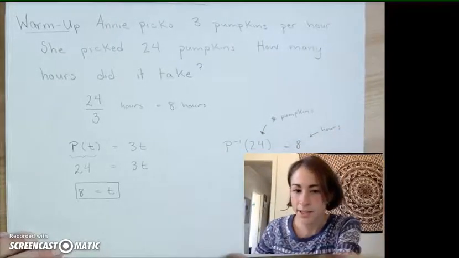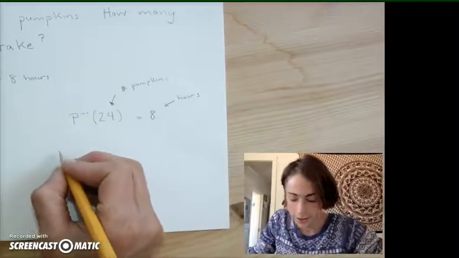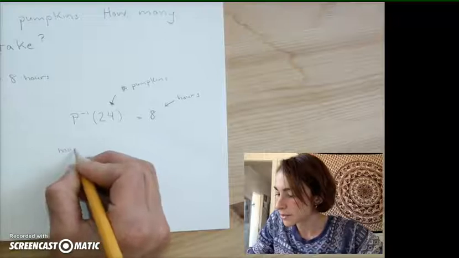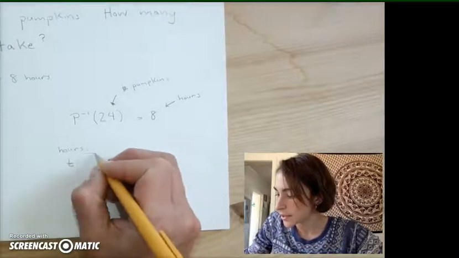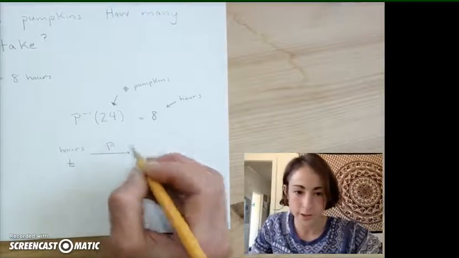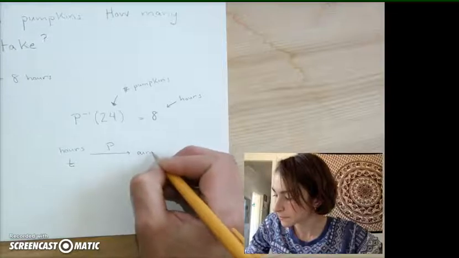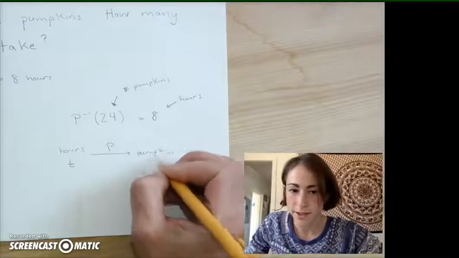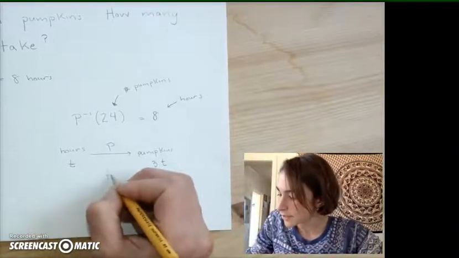So let's make that just a little bit more explicit. We have the number of hours, which we call t, and we do the P function to it to get the number of pumpkins. And that's 3 times t. This is the function we're dealing with.